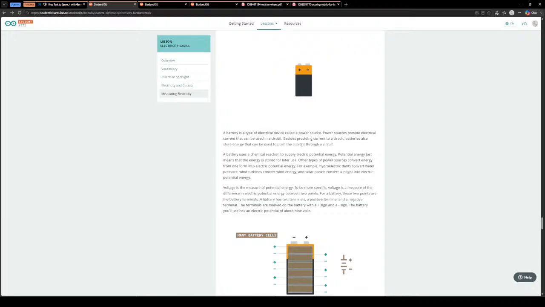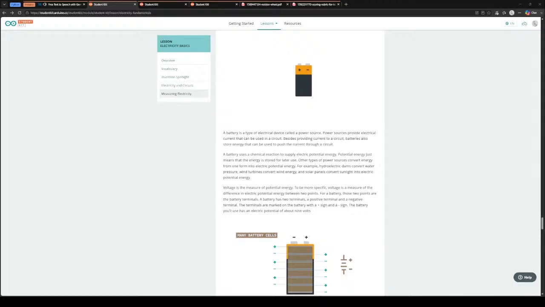Potential energy just means that the energy is stored for later use. Other types of power sources convert energy from one form into electric potential energy. For example, hydroelectric dams convert water pressure, wind turbines convert wind energy, and solar panels convert sunlight into electric potential energy. Voltage is the measure of potential energy.